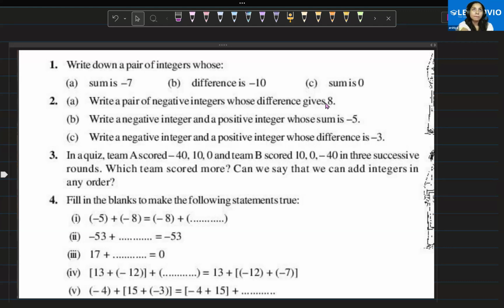Done, ma'am. Yes, what is the answer, Saad? It's -3 plus 3. Correct.